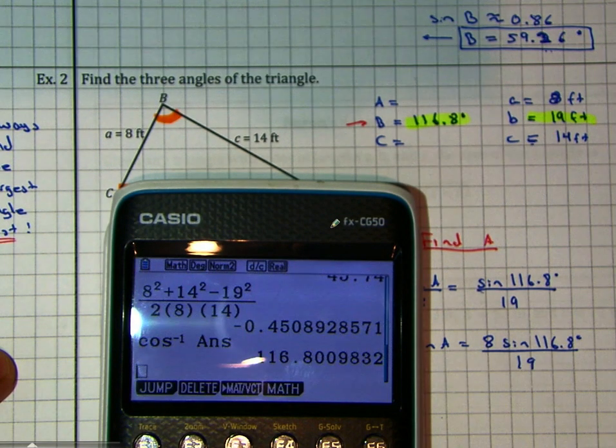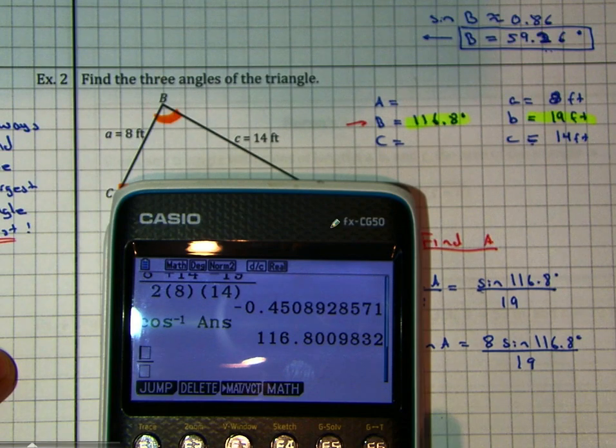So having that in my calculator, I want to make sure that I get more of an exact answer. So I'm going to end up with 8 times the sine of 116.8, and we don't want to do that, right? We want to use the previous answer instead. Divide by 19. Otherwise, you're going to start rounding too much and your answers are not going to match.